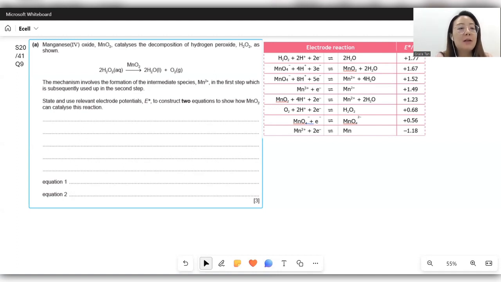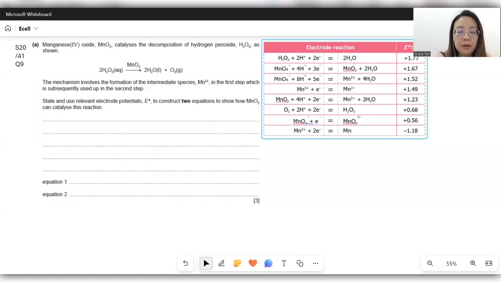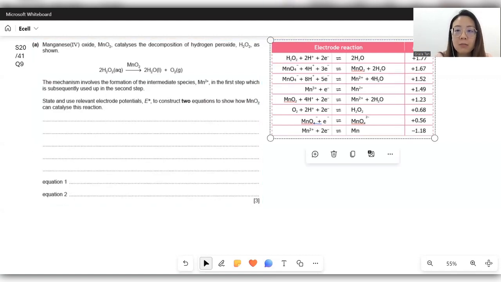Now, state and use relevant electrode potentials to construct 2 equations to show how MnO2 can catalyze this reaction. So this does not occur in a one redox, it occurs in 2 redox over here. First, you need to refer to your data booklet and arrange everything from most positive to least positive.